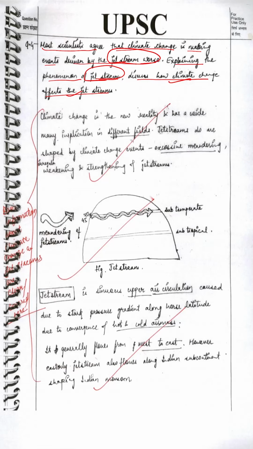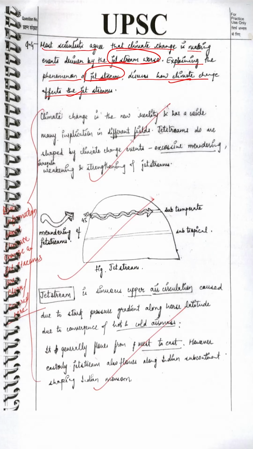So we can say the demand of the question is simple, but the question is not easy to answer because it requires certain concepts of jet stream, what climate change is, how climate change is impacting jet streams, how jet streams are linked to climate change, and how there are variations in the westerly winds present in the upper troposphere. So these things have to be discussed here to make this answer relevant and also with a better flow.